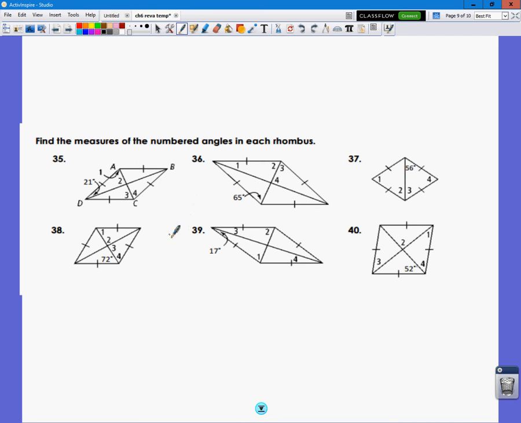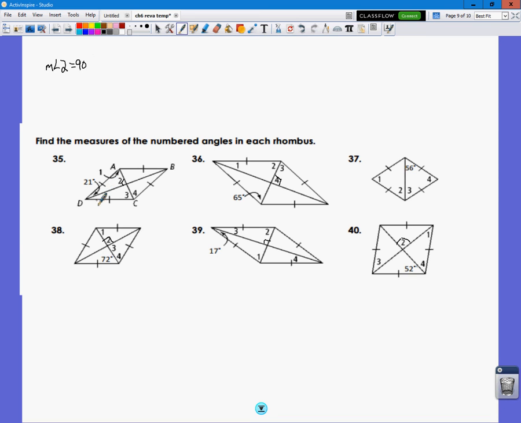35 through 40 all deal with the properties of a rhombus. Remember that diagonals of a rhombus are perpendicular. I just would get in the habit when they put them in there to go ahead and draw that in. It does give you some of the angles right away. Like in number 35, angle 2 is 90 degrees.